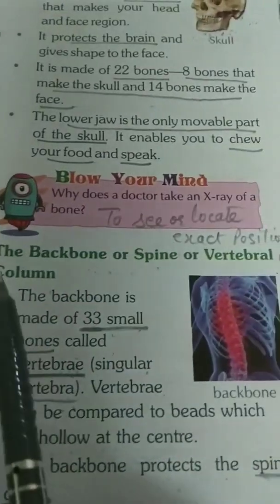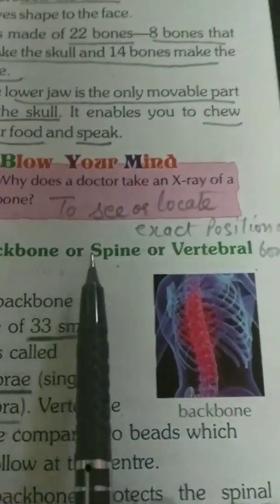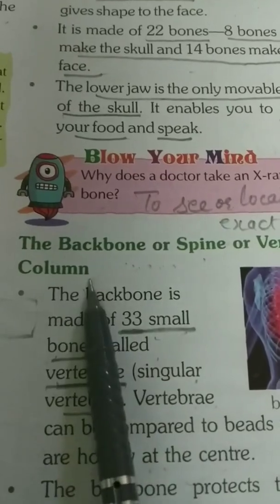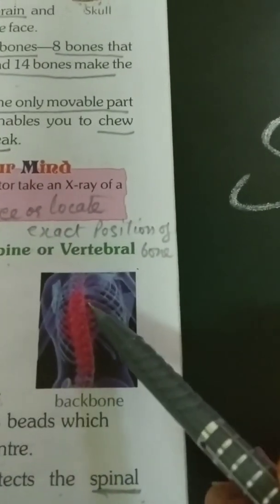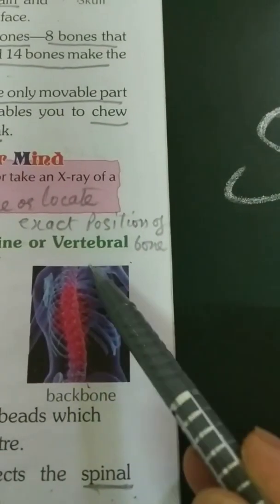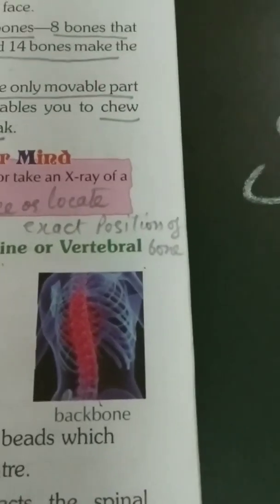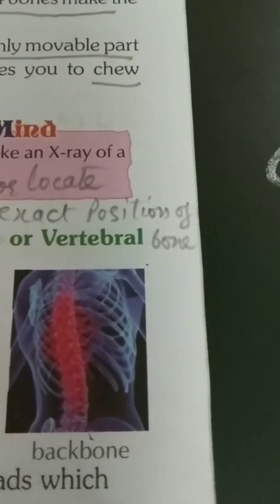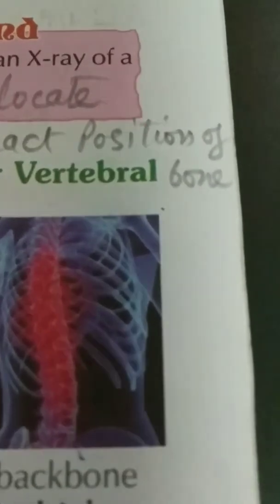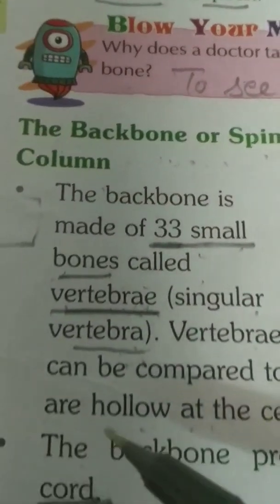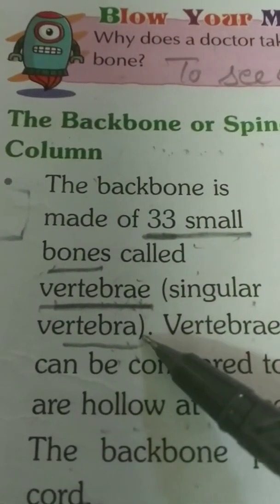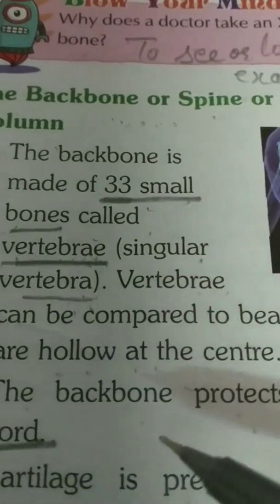Afterward, we discussed the backbone, or spine, or vertebral column. How many small bones are there in our backbone? 33. These 33 bones we call vertebrae, and a single one is a vertebra.